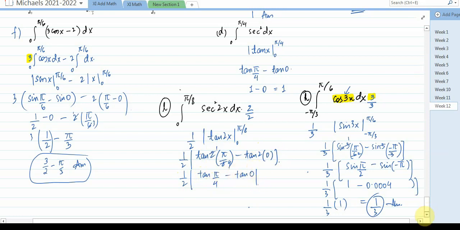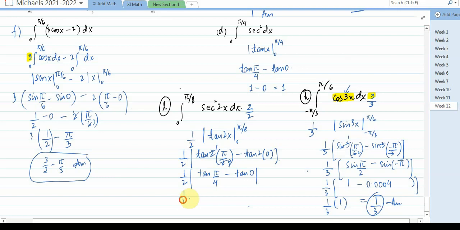And lastly it's 1 upon 2, tan pi over 4, it will be 1, minus tan 0, it's 0, so 1 upon 2 times 1, it's 1 upon 2, alright. So that is your answer, and this part is not L, it's part I.